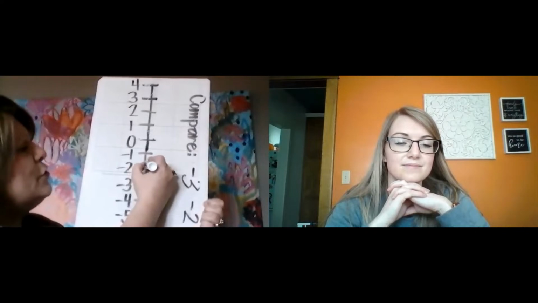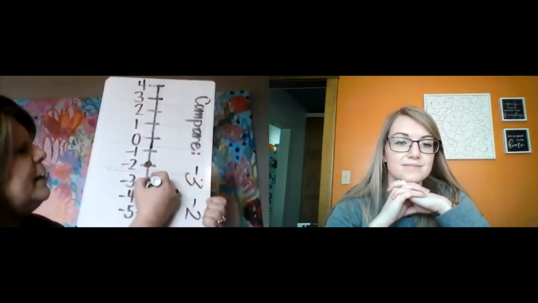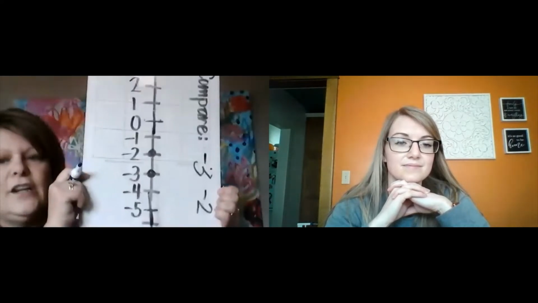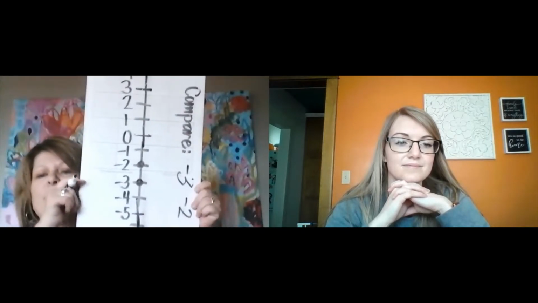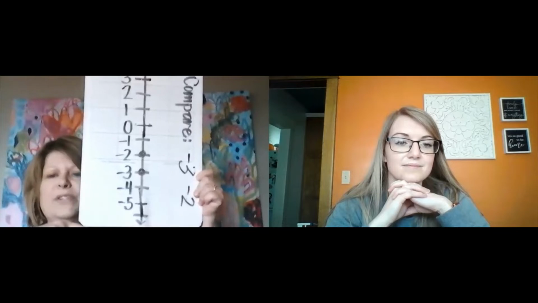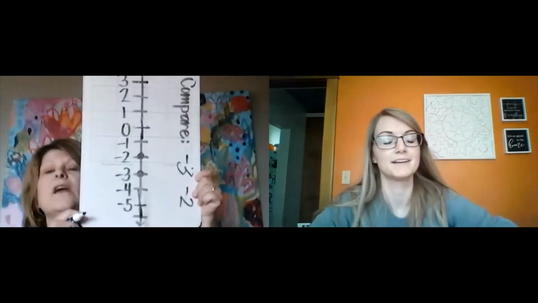We are going to compare a -3 and a -2. So I'm going to turn my board and I'm going to graph -2, which is right here, and -3. Now, if you're thinking about a thermometer, the bigger number is going to be on the top or on the bottom, Mrs. Zimmerman? The bigger number is going to be on top. That's right.